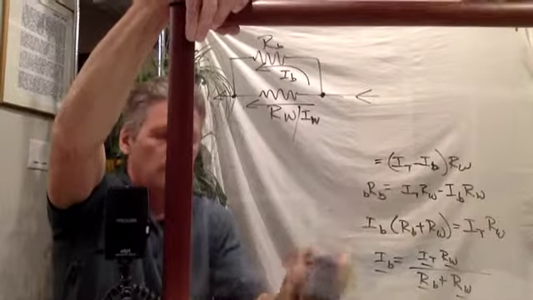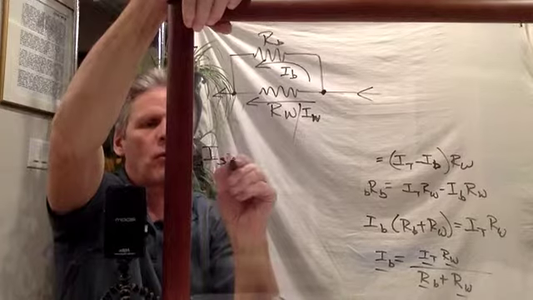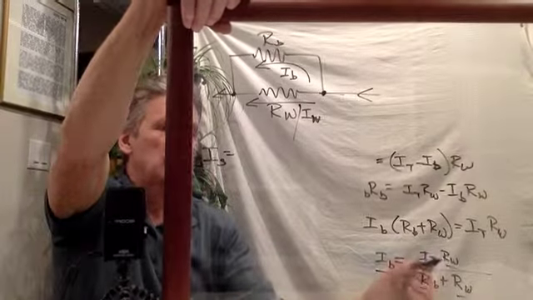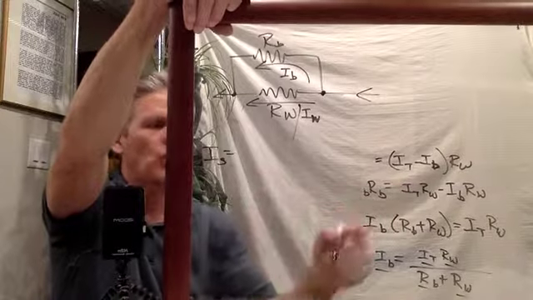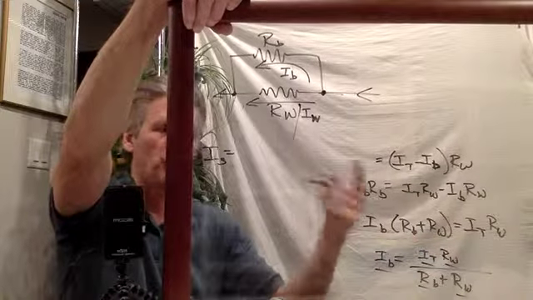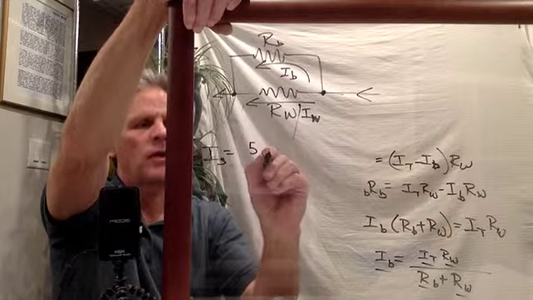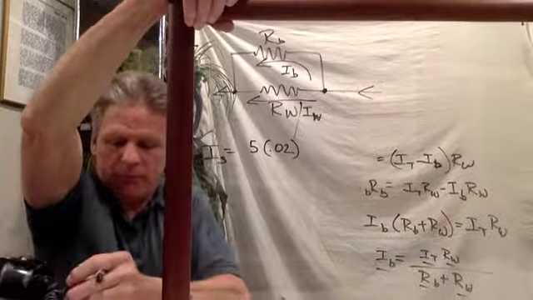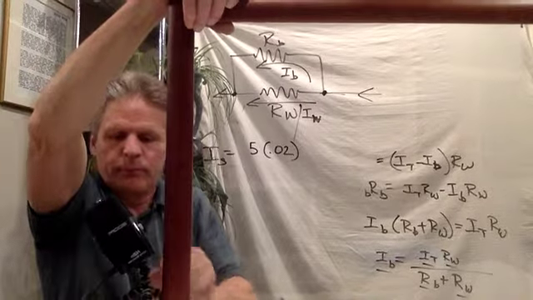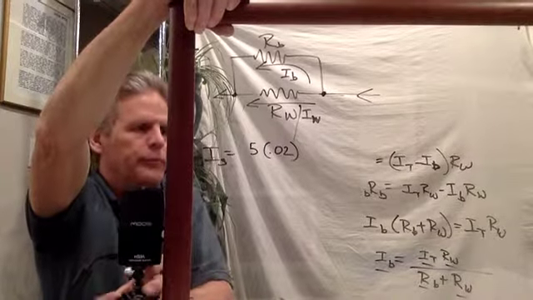So now we have our sparrow current. RW is going to be, remember, 1 ohm per meter, so that's 0.02 meters, so it's 0.02 ohms. So we have 5 amps times 0.02. Sorry.